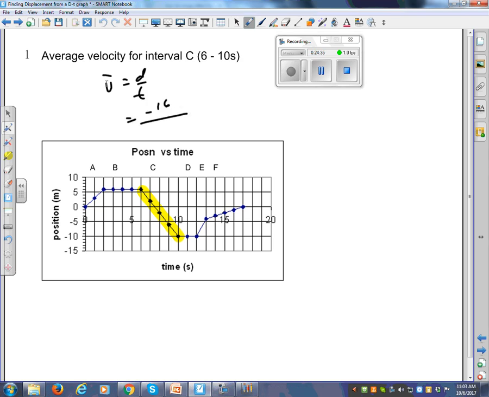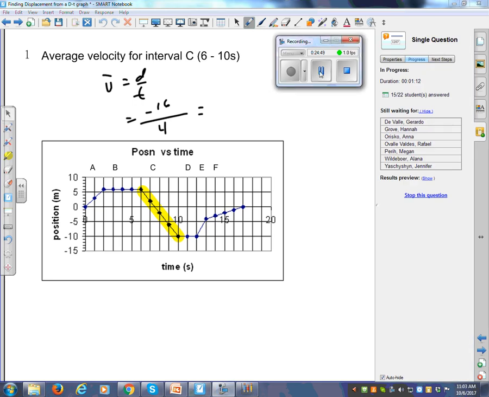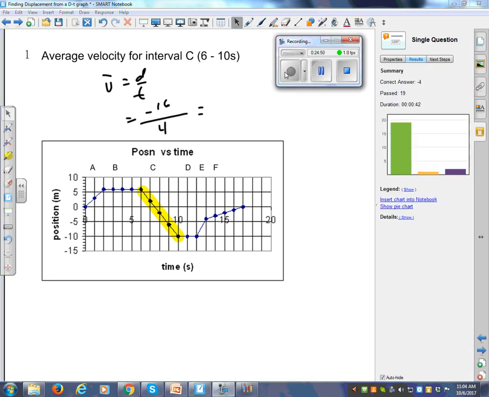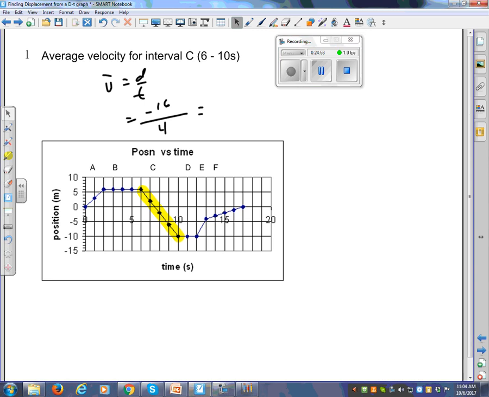Minus 16, down. How much time is it from 6 to 10 seconds? Minus 16 over 4 is? Minus 4, you guys. You can do this.